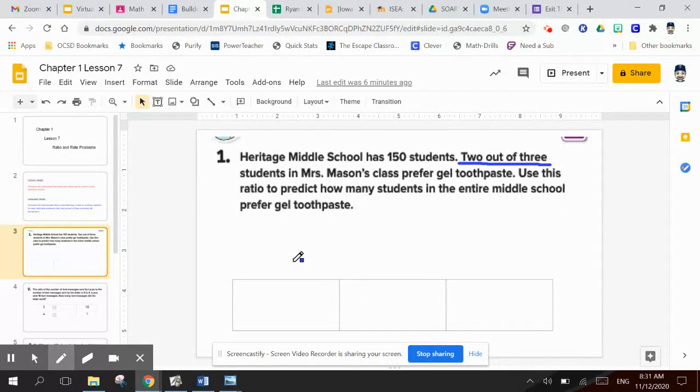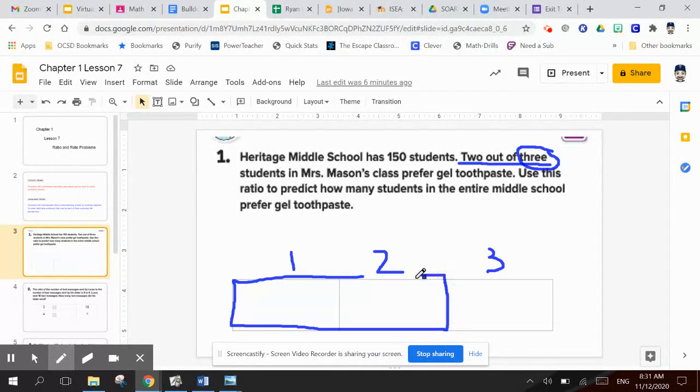So I have put over here, I made a column of 3 boxes. This represents the 3 total students that were asked. The 2 that we're looking for are these 2 people here. These 2 people chose gel toothpaste, but we want to know how much is in each one.